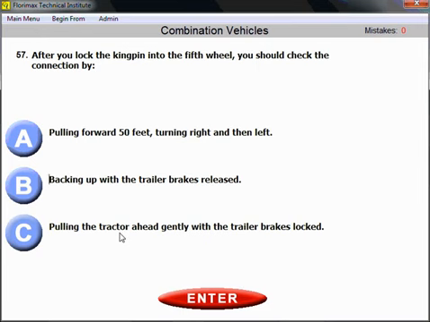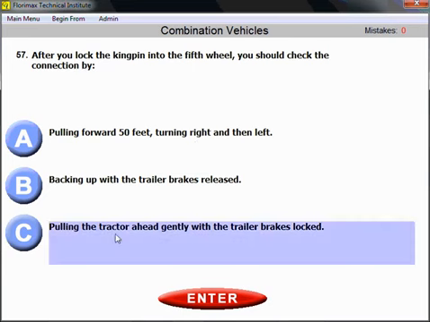After you lock the kingpin into the fifth wheel, you should check the connection by doing one of these actions. And definitely the right answer, you should check the connection by pulling the tractor gently. Gently. Again, the key word, magic word, which indicates the right answer.